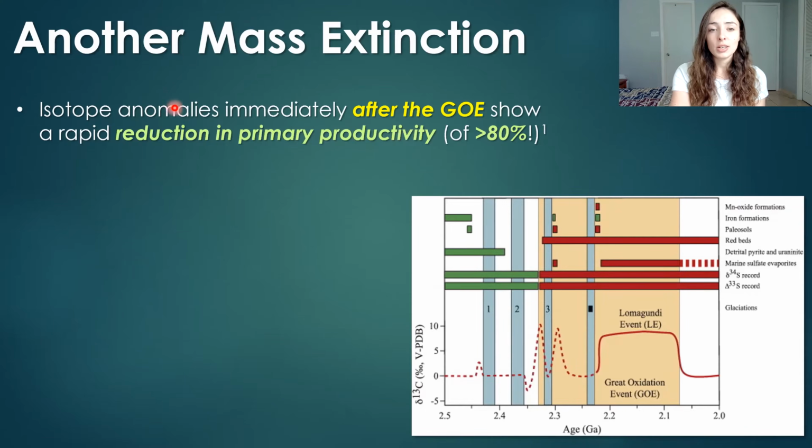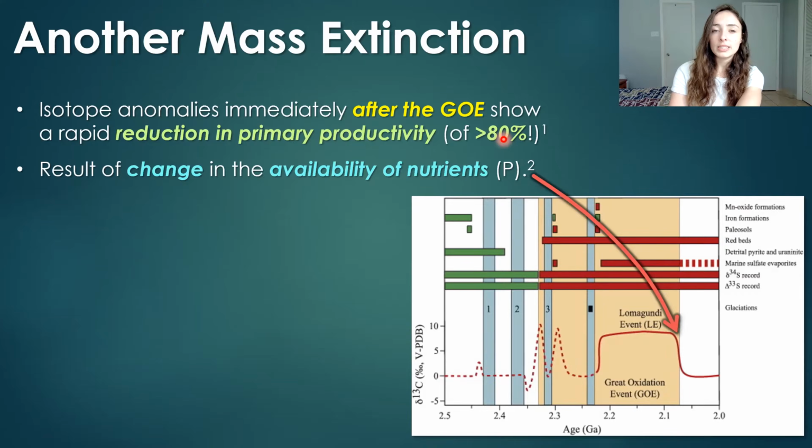Well, isotope anomalies such as the carbon isotope signatures here, as well as barium and sulfur isotopes, I believe also, show this anomaly immediately after the GOE that shows a rapid reduction in primary productivity of up to 80% reduction of primary productivity, or basically the photosynthesizing cyanobacteria. And based on what we see, it was probably a result of a change in the availability of nutrients, most significantly phosphorus.